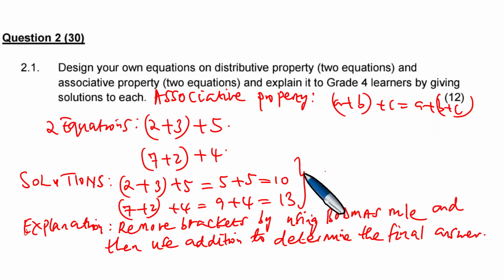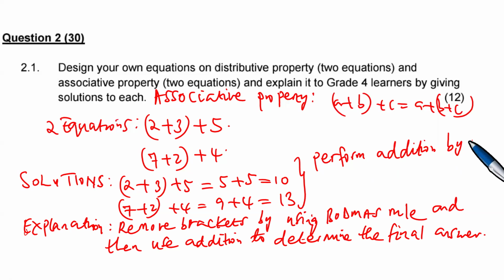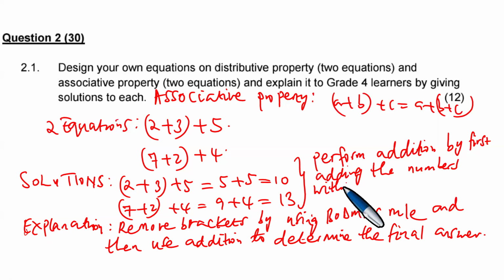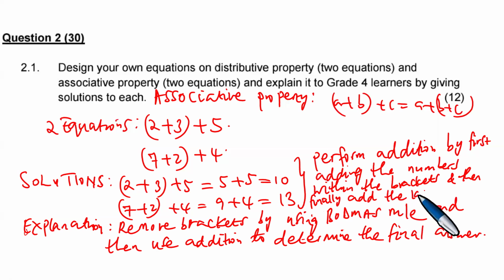Alternatively, you can say perform addition by first adding the numbers within the brackets, and then finally add the last two numbers.